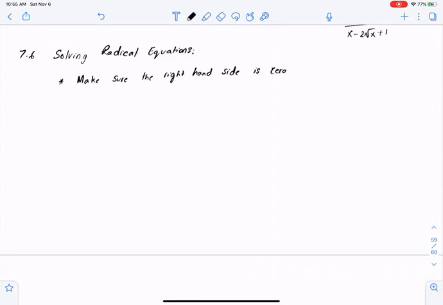And you should do this, especially in radical equations, if there is only one radical in the equation. If we have two radicals, then moving both radicals to one side actually will cause more problems.